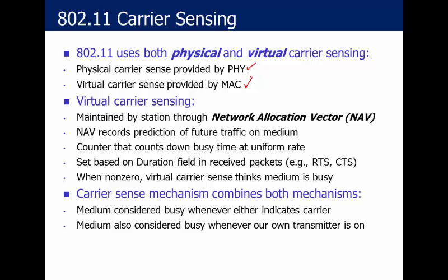Virtual carrier sensing, provided by MAC, maintains the network allocation vector. The network allocation vector needs to be maintained by each station.